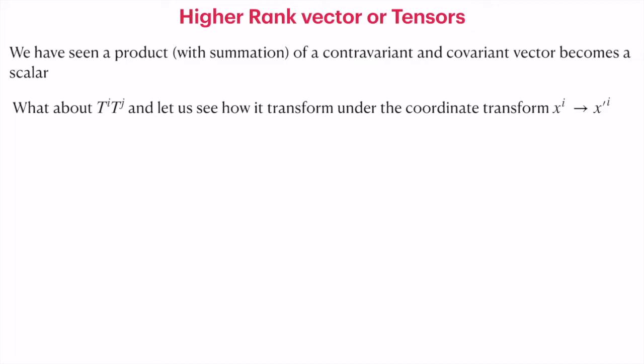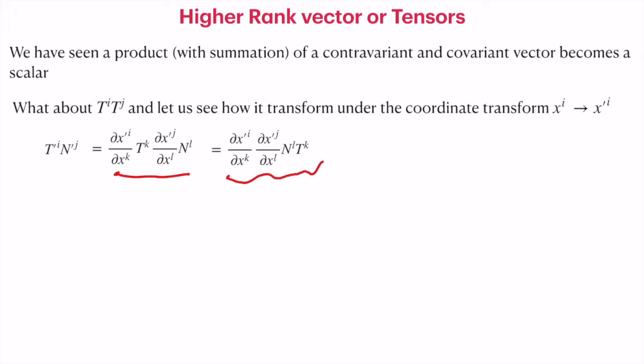Now we transform x^i to x'^i and see how they behave. T^i is contravariant, and T^j is contravariant. So we use the contravariant transformation rule for both of these, and then we have this product, and we can suitably rearrange, and you see that this is basically the transformation for a second order contravariant tensor.